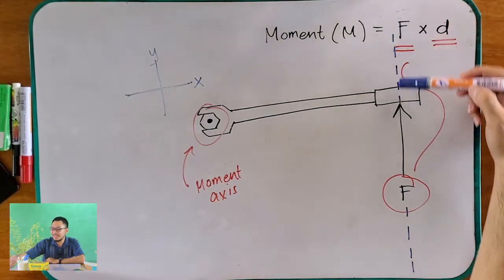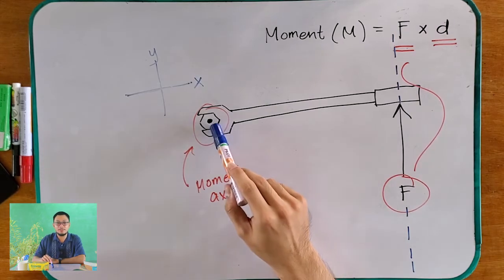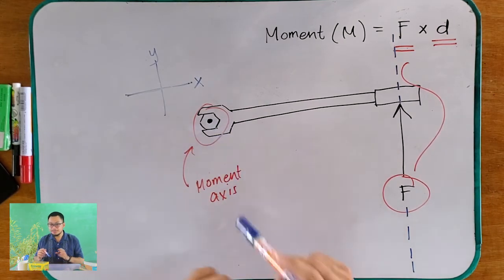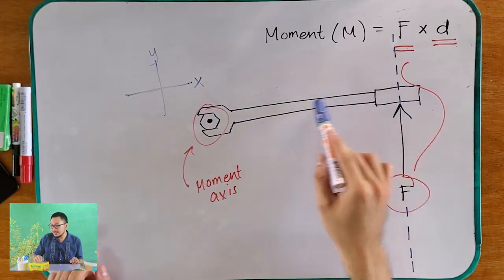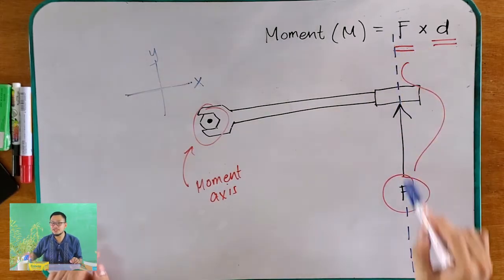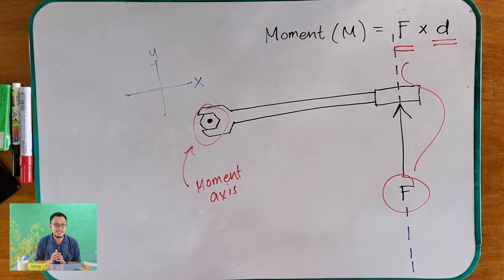Now, where is the perpendicular distance here? Again, this is the direction of your force, and this is your moment axis. When you say perpendicular distance, you have to create a line that should be perpendicular when it touches the direction of the force.